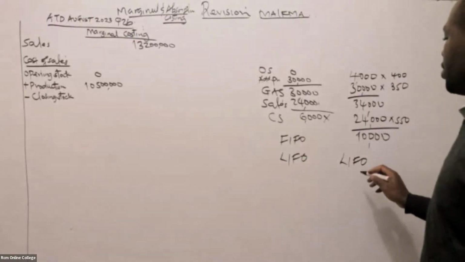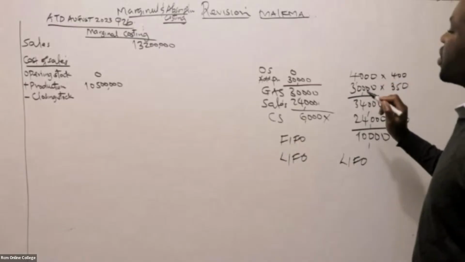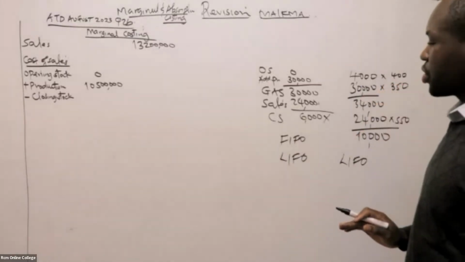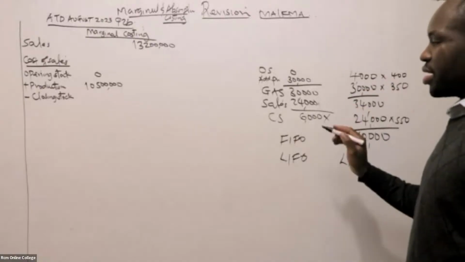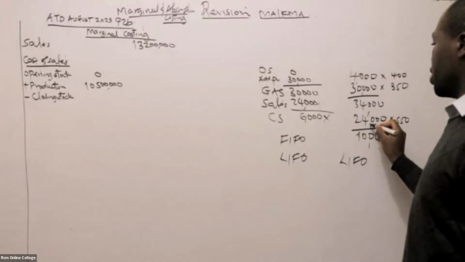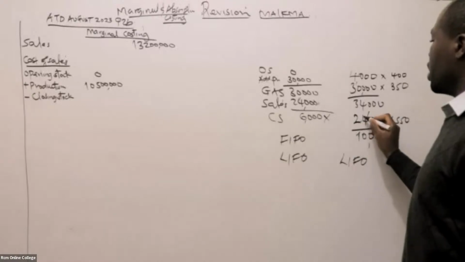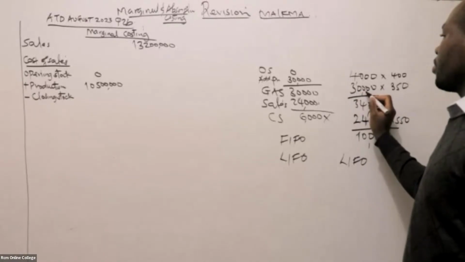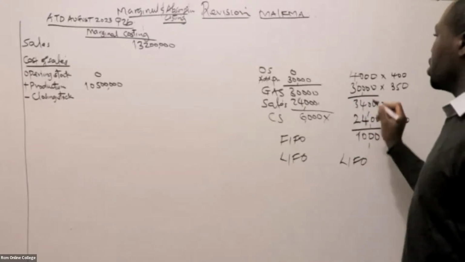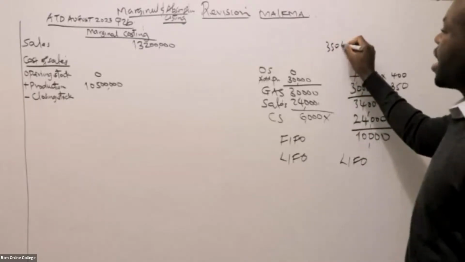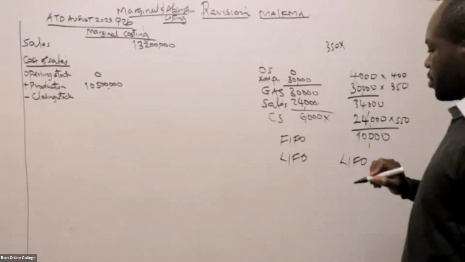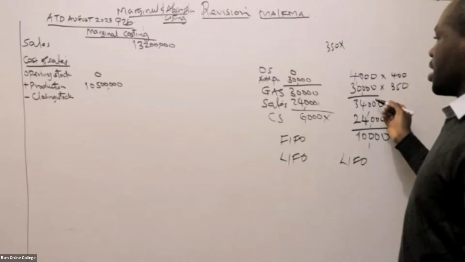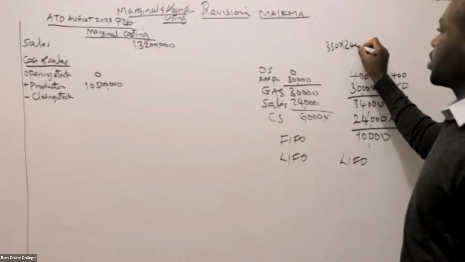So when the company is doing so, whatever was produced will be sold first before we sell the opening stock. So for me to get the cost of sales of the 24,000 units that were sold, the entire 24,000 units came from what was produced during the year. So the cost of what was sold is basically 350 times the units that were sold, which is 24,000, right?